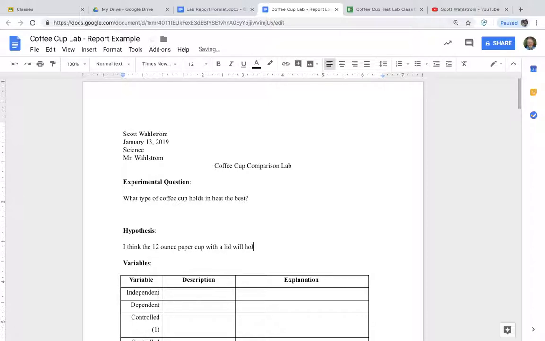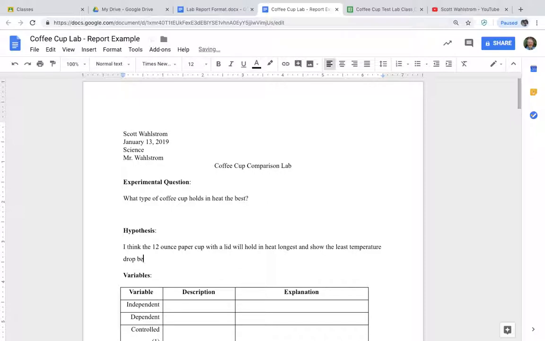Will hold in heat longest and show the least temperature drop because it is the most common type of cup. All right, that's a hypothesis.